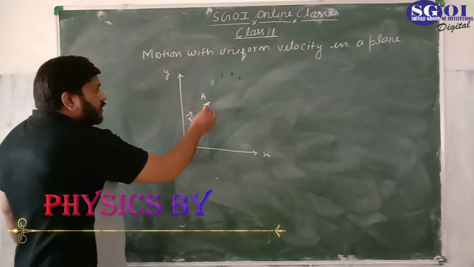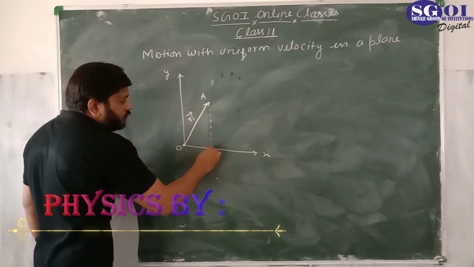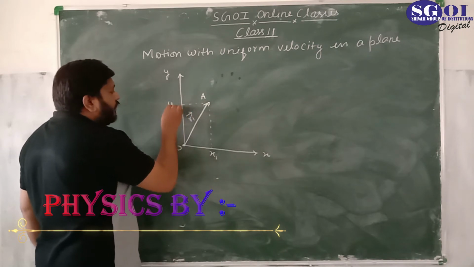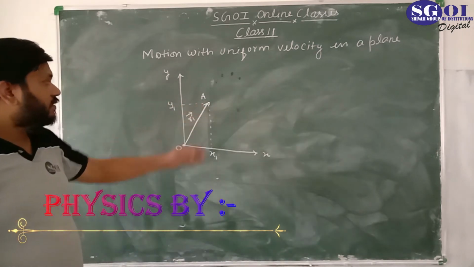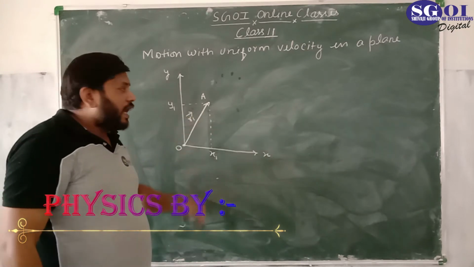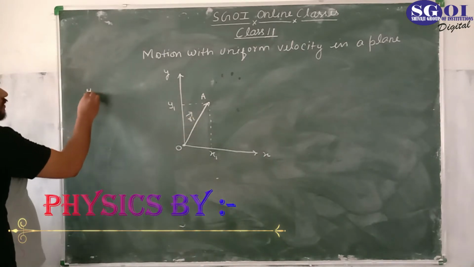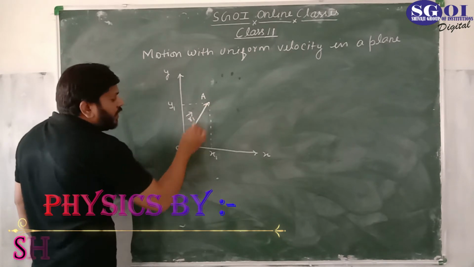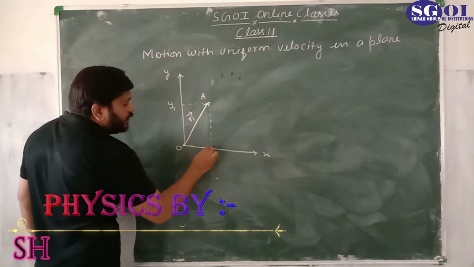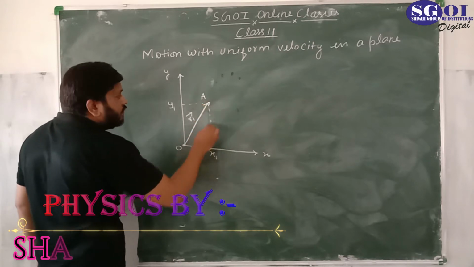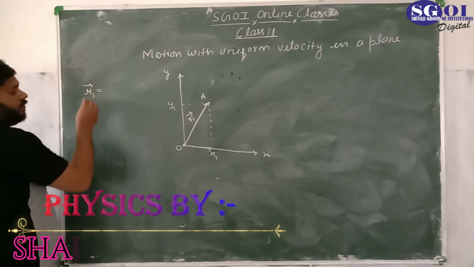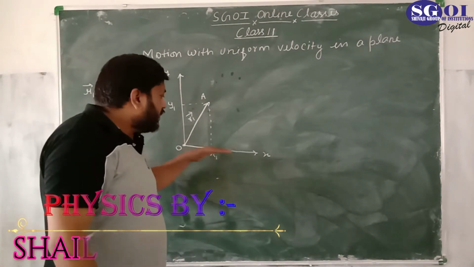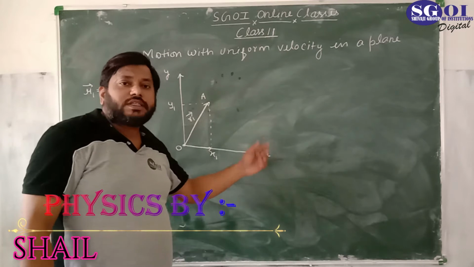The x coordinate, let's say, is x1 and this is y1. So what is R1 vector? The components of R1 vector are x1, which is the magnitude, and the direction is towards the positive x-axis.